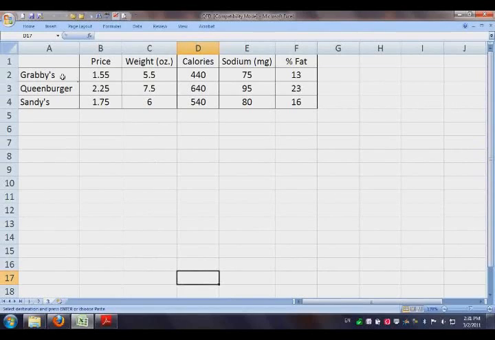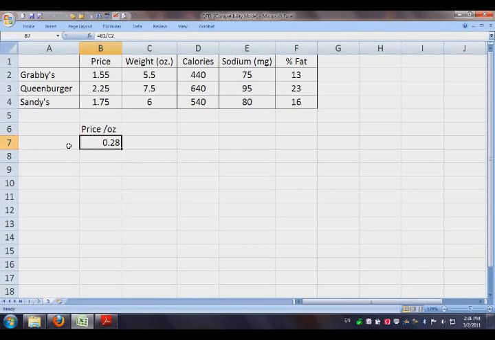So this is the price, weight, calorie, sodium, percent fat. Let's first compare the price. Because the three weights are different, we cannot compare the price directly.